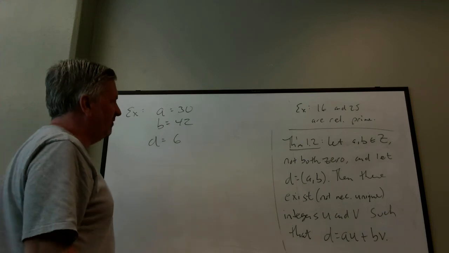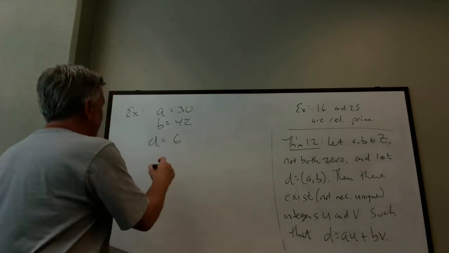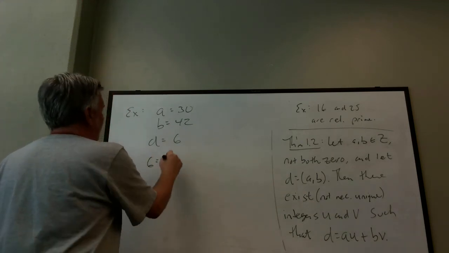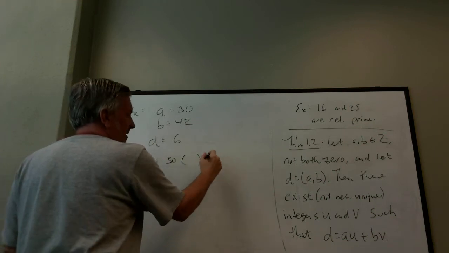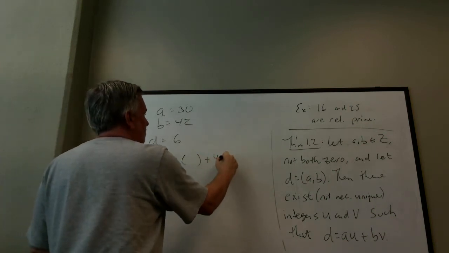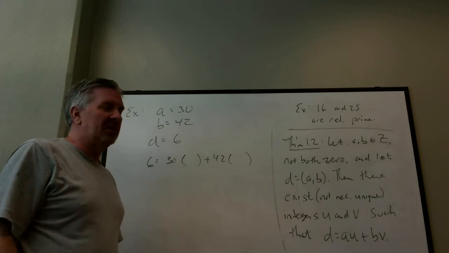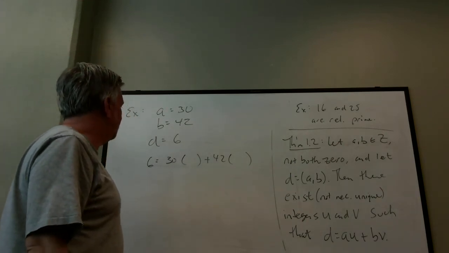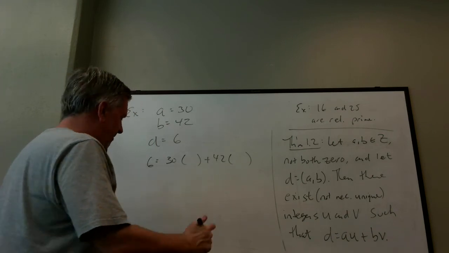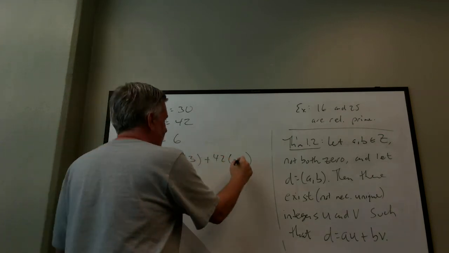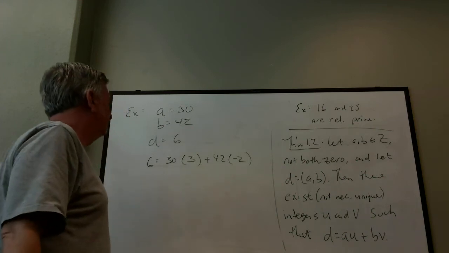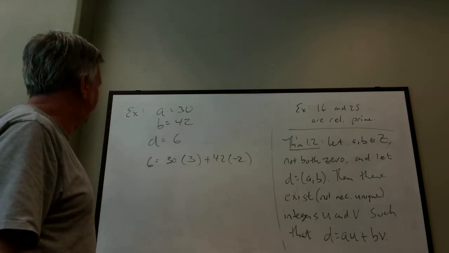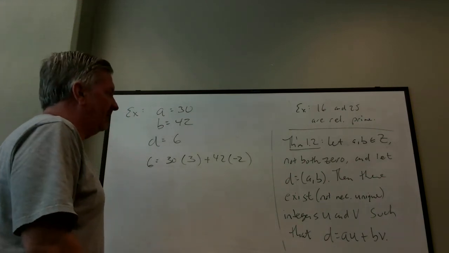According to this theorem, I can write 6 as 30 times something plus 42 times something. The theorem says we can find integers that make this equation true, and if I put a 3 here and a negative 2 here, that's 90 minus 84, which is 6, yeah, so fine.